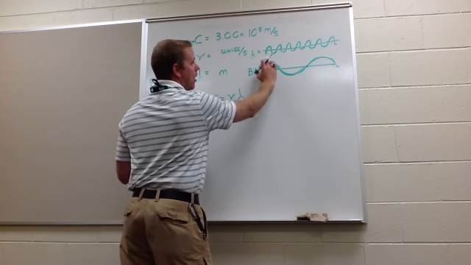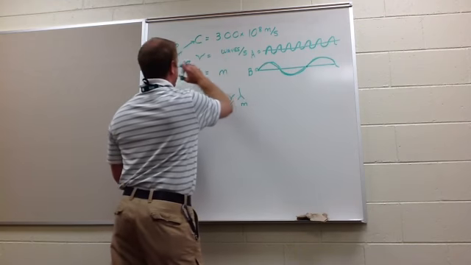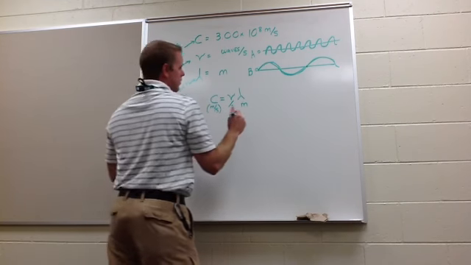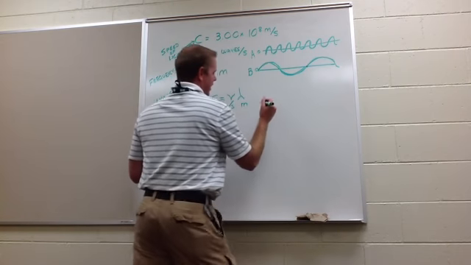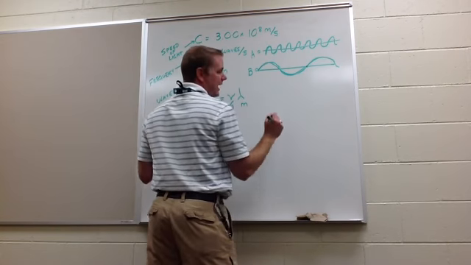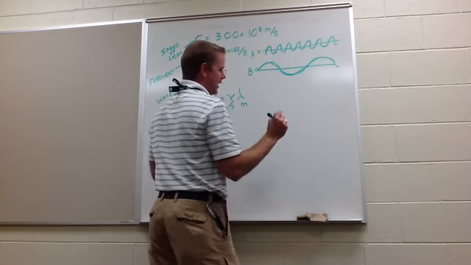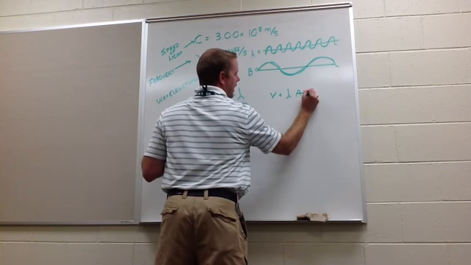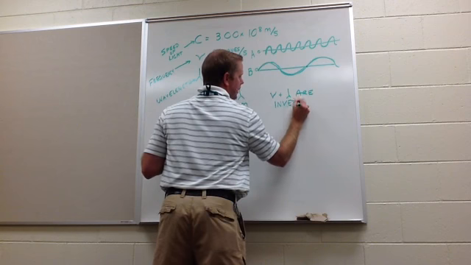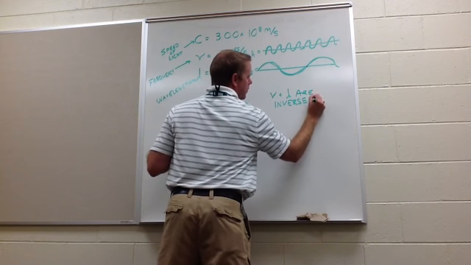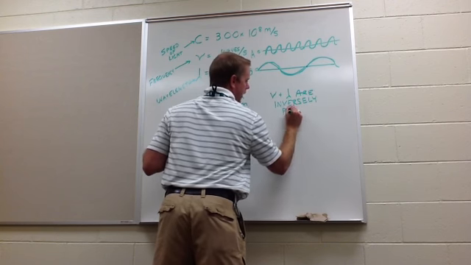Here, in order to get longer waves, I had to have less frequency. So one of the things I want to point out in this very first introduction is that they are inversely related. Frequency and wavelength are inversely proportional, meaning if you increase one, the other must go down.